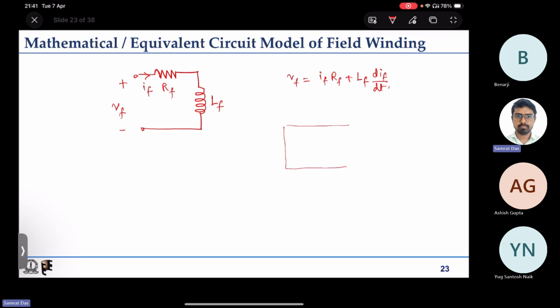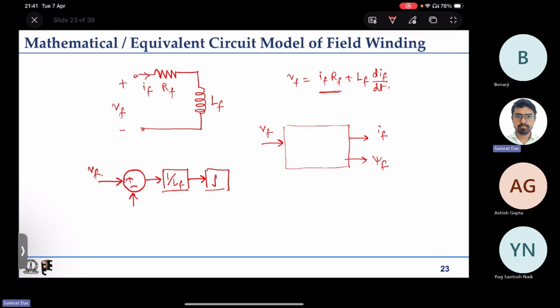Suppose you want to represent it as a system where the input is Vf and you want the output as If, then how do you solve it? You would have the input Vf, from which you subtract IfRf, then multiply by 1 by Lf. Then you take the integration of that.